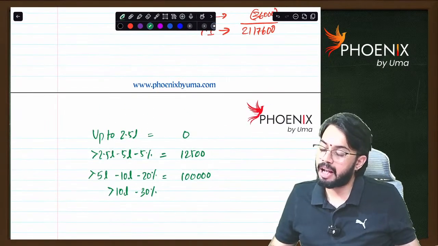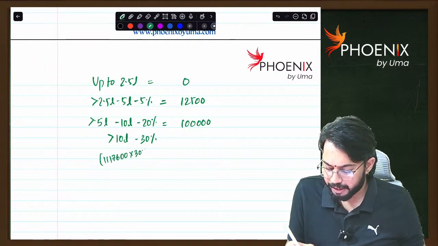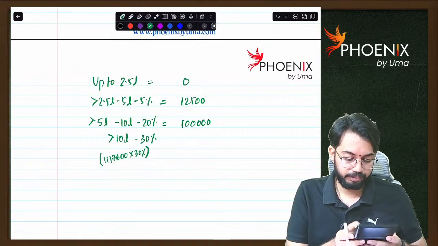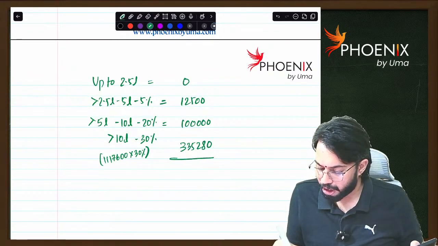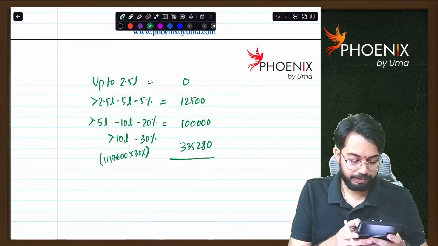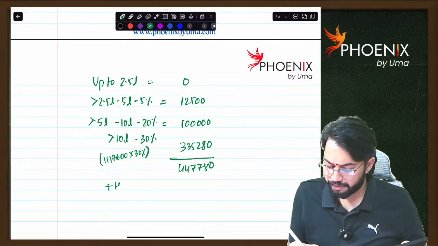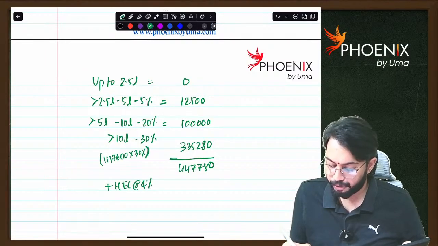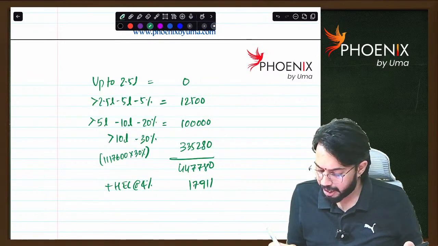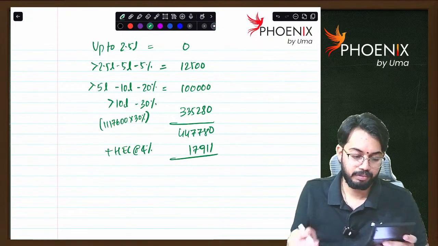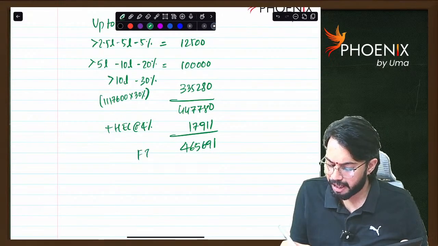So 11 lakh 17,600 into 30%. How much? 3,35,280. So how much is total tax? 4,47,780. To this we need to add HEC at the rate of 4%. 17,911. 4,65,691. So this is final tax.